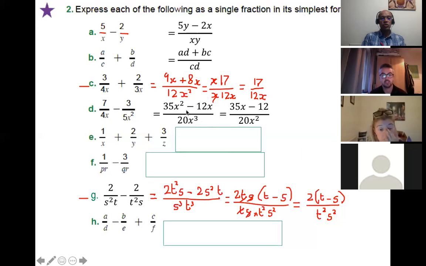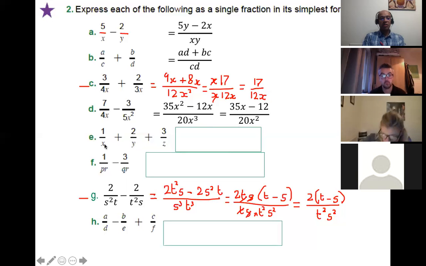I didn't go as far as that, but I can see it now. Yeah, so it was either to do it like that, cross and smile, or you could have found your lowest common multiple here, which would have been 20x squared. So you would times this one by 7x, and at the bottom you would get your 20x squared.